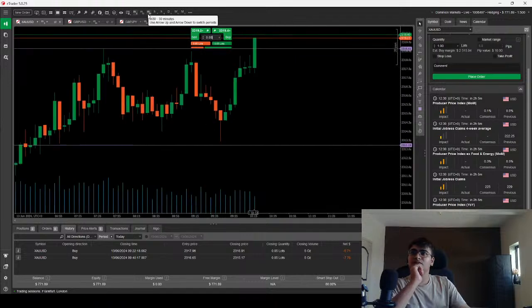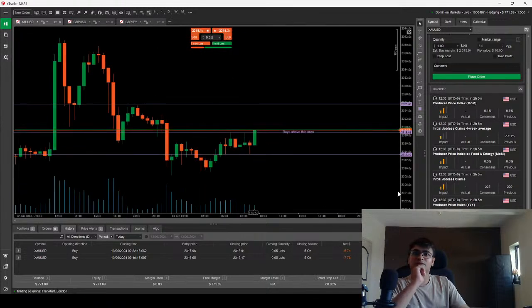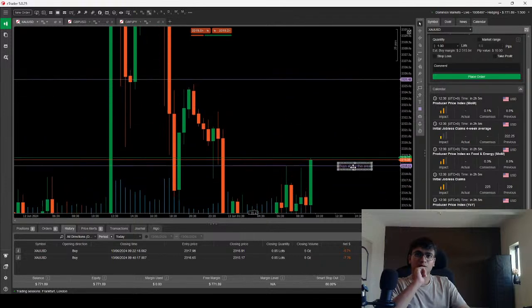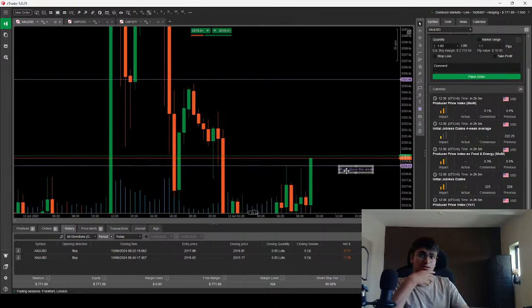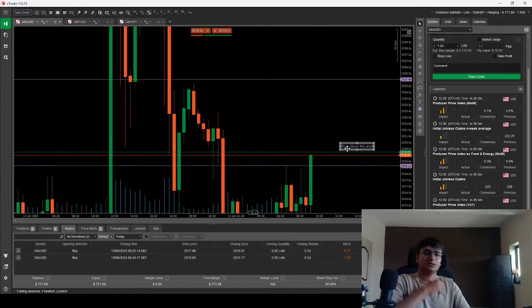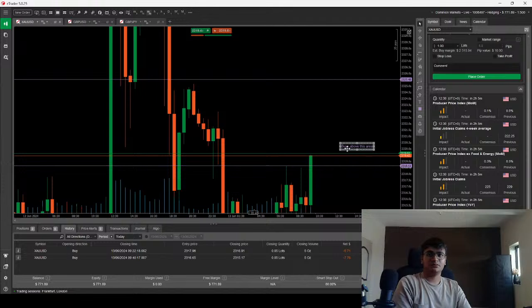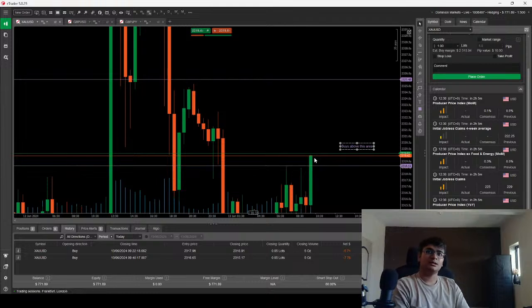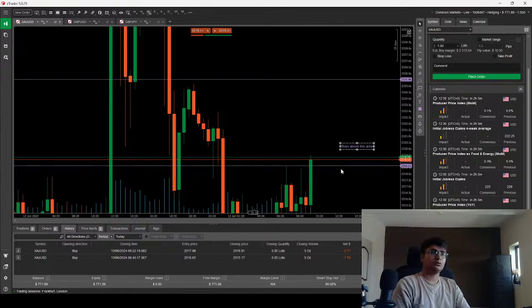This is a 15-minute time frame, and we have 4 minutes left before the candle closes. So we're going to wait for 4 minutes and once the candle is closed, then we can see. Because most of the time, price will go up before the 4 minutes and then come back down and close below the range.